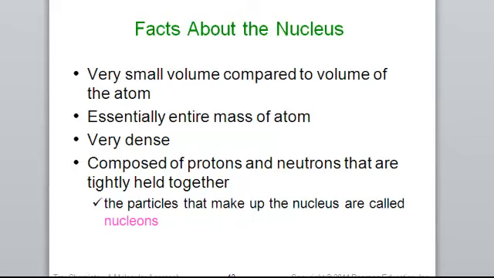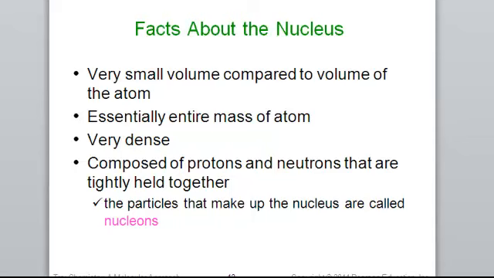We know that the volume compared to the entire size of the atom is very, very small. Inside of the atom is mostly empty space. This electron cloud is a vast volume. But the nucleus is essentially the entire mass of an atom. So it's a very small, very heavy, very dense area composed of protons and neutrons being held very tightly together.